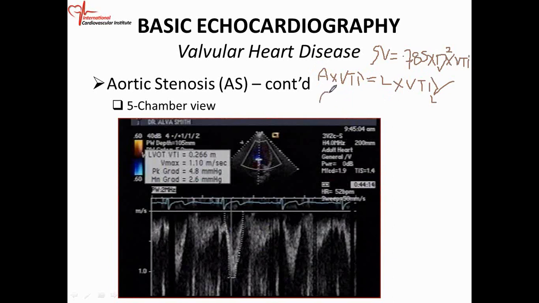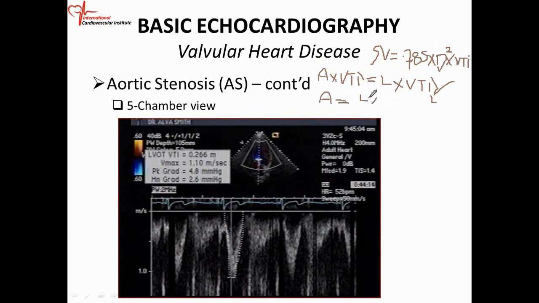So the aortic valve area is going to equal the flow across the left ventricular outflow tract, which is the area. All right, let me just write it down.